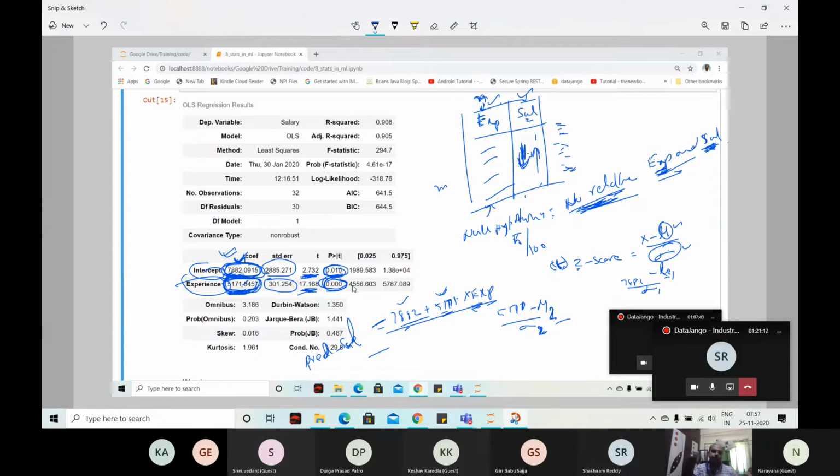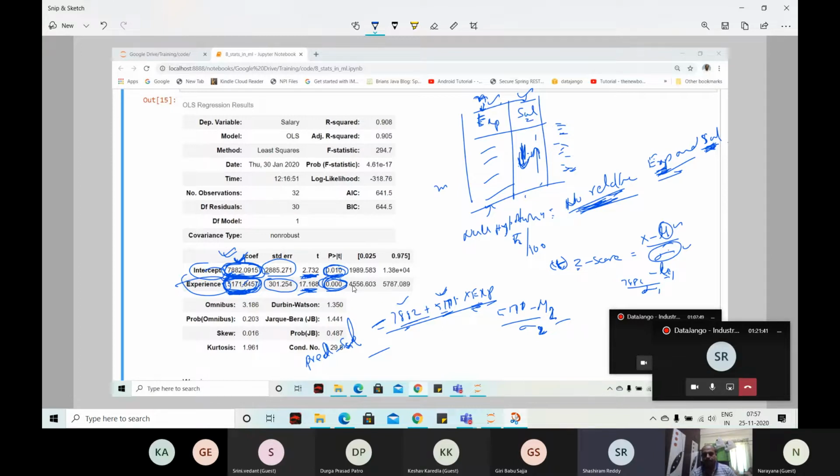Using the T-score and p-value, we assess whether it is significant or not. We keep one attribute the same and change the other, and we do that multiple times. Multiple times we shuffle and calculate these coefficients. We do this exercise to identify whether that feature is significant in the prediction or not.